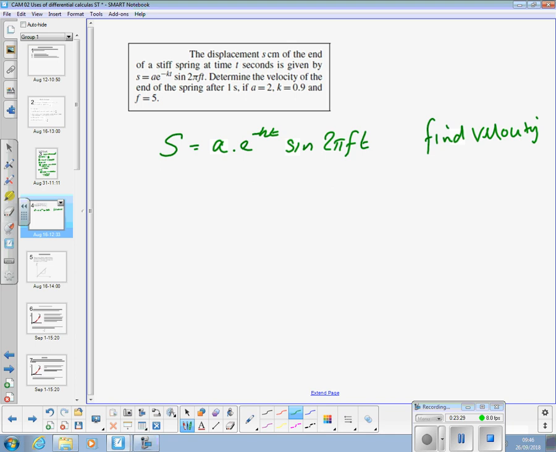So we need to find that. What does that involve us doing here? Product rule. Yeah, we've got a function of t, A times e to the minus kt, sorry, we've got sine 2 pi f.